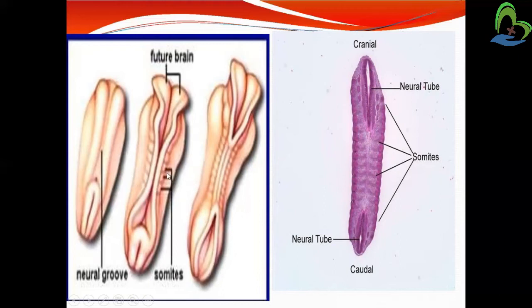Here it's shown in the figure, and in the next figure the neural tube, then the somites. These are the different somites, and this is the neural tube at one end, where a bulging formation occurs. So these events occur during the fifth week of gestation.